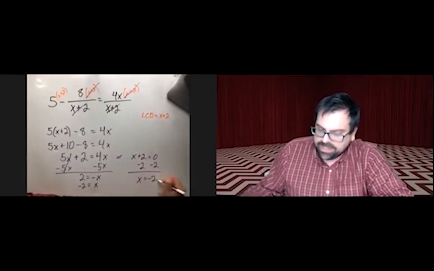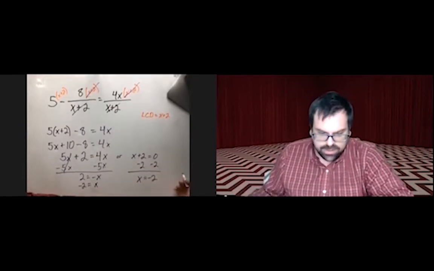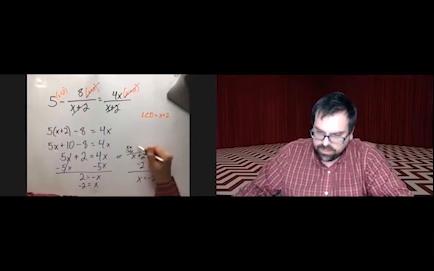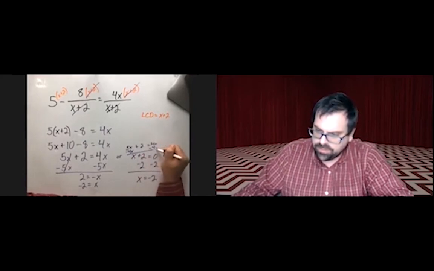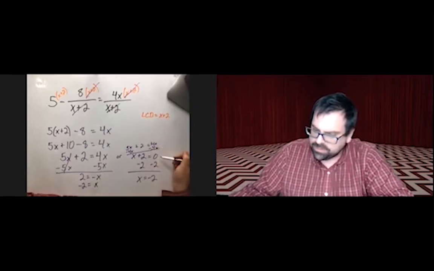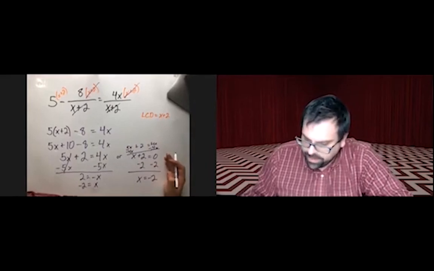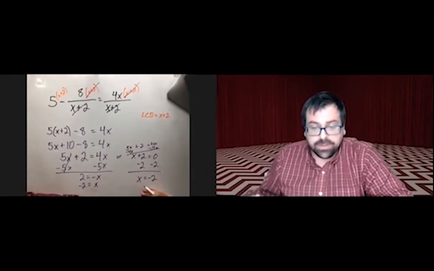We get x equals negative 2 that way. 4x minus 4x gave us 0, but now everything was over here. We had to do one more step. Either way, we get x equals negative 2.